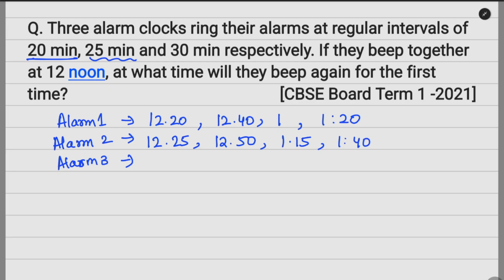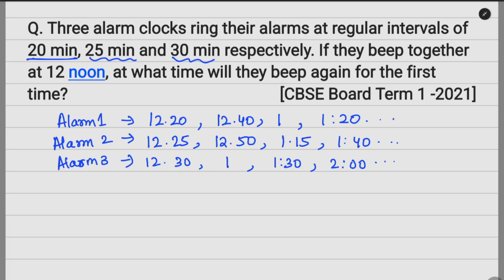Like this, it will go on. And the third alarm clock will ring once in every 30 minutes. So after 12 o'clock, it will ring at 12:30 and then 1 and then 1:30 and then 2 o'clock. It will go on and on. So you have to find out what time will they beep again next.